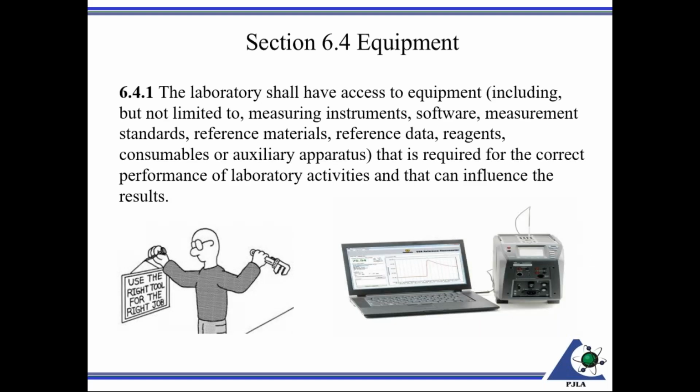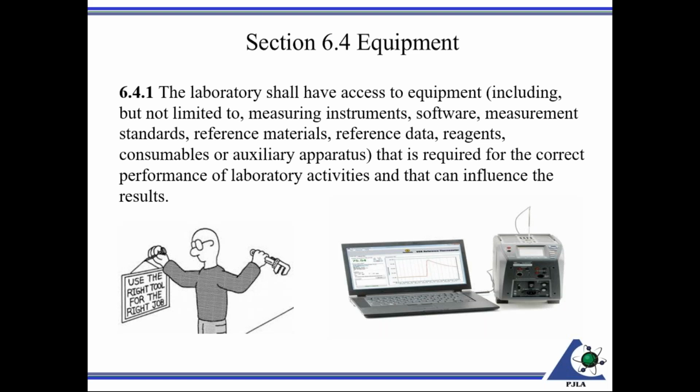Okay, looking at these requirements. 6.4.1, the laboratory shall have access to equipment, including but not limited to measuring equipment, software, measurement standard, reference material, reference data, reagents, consumables, or auxiliary apparatus. This is required for the correct performance of the laboratory activities, and it can influence the results.